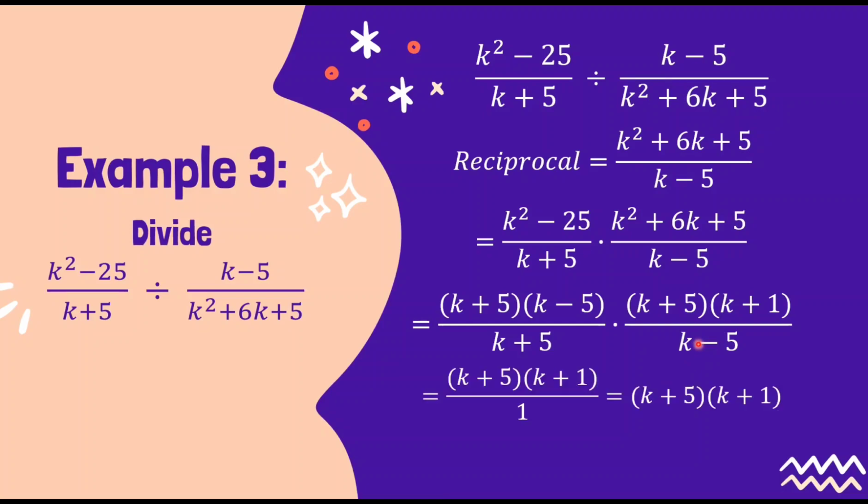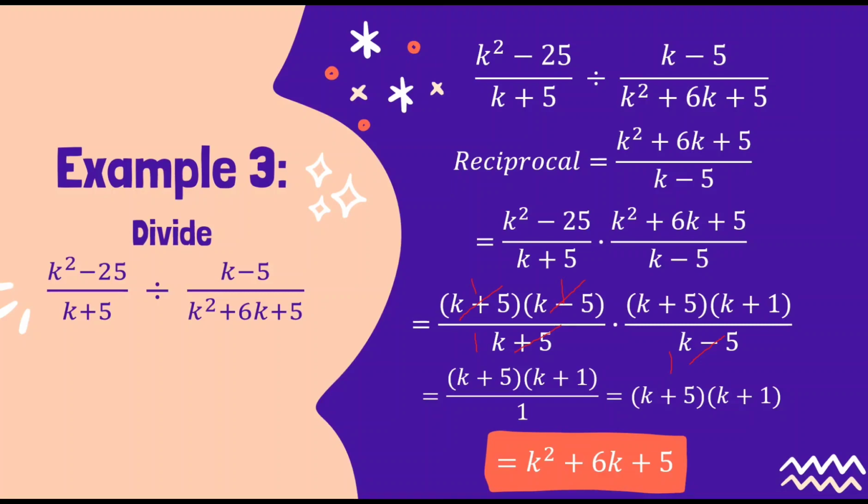So let us cancel k plus 5 and k plus 5, so it becomes 1, and then k minus 5 and k minus 5 also become 1. Since they are all 1, 1 times k plus 5 times k plus 1, the answer is k plus 5 over k plus 1.